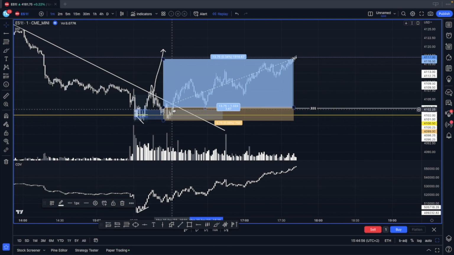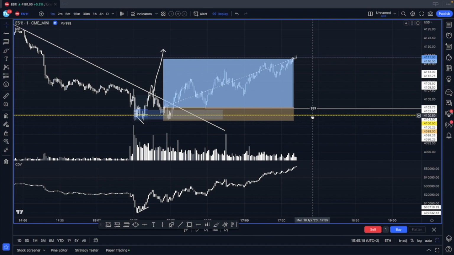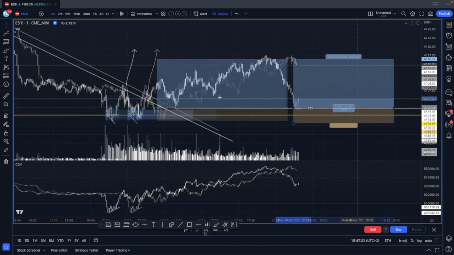Probably there is no volume, and this is the reason an imbalance is created. But usually when you see a setup like this, with a breakout structure after a strong demand, and the imbalance is not completely filled, price is probably going to retest it, and that's exactly what happened.